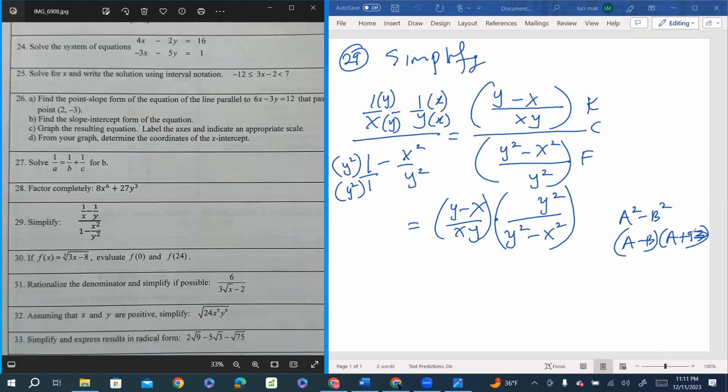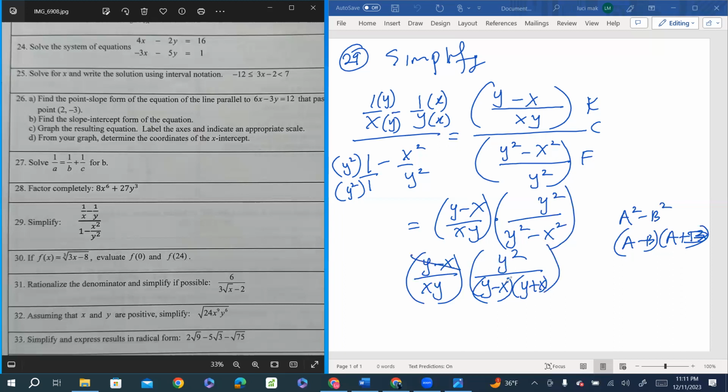So we get y minus x over xy times y squared over y minus x times y plus x. Remember here y is first, so when you're factoring, y has to be first.